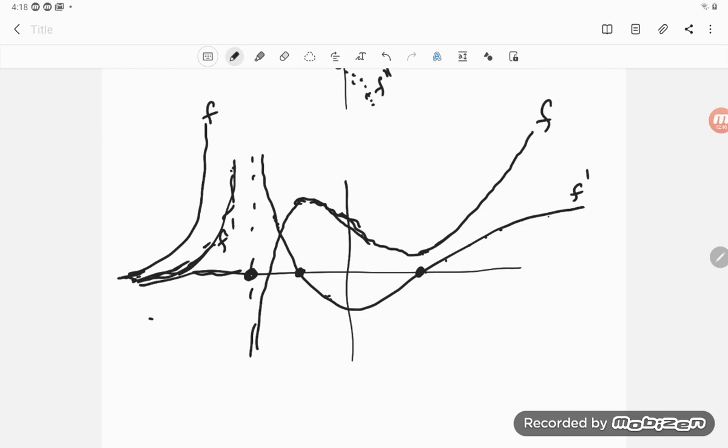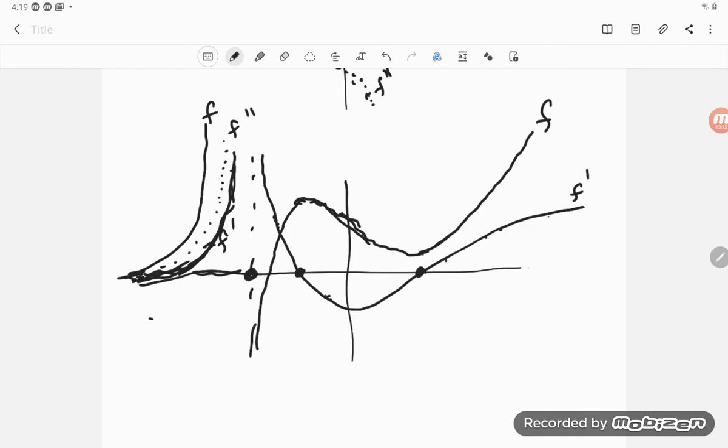Now f double prime, well, looking at f prime here, the slopes of f prime are near 0 back here toward the left, and then they get steeper and steeper. So they're all positive slopes, so f double prime looks pretty much just like f and f prime on that side.